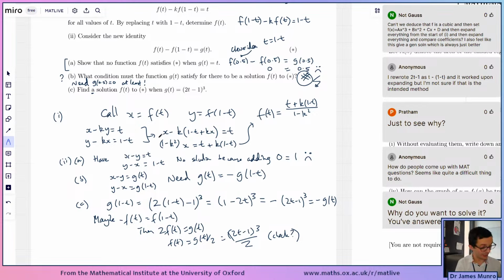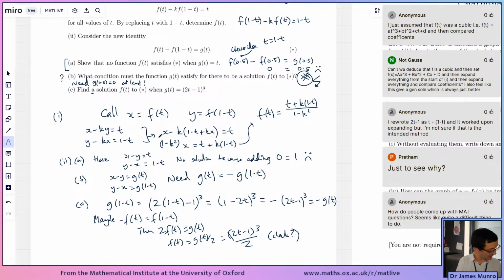I'm going to have a quick look at the marks to see how they feel about this. Oh, there are infinitely many solutions. Brilliant. And what did they say up there? Oh, okay, they didn't say anything about the converse. Right, cool. Okay, I'm worrying about nothing. Well, I'm worrying about something, but not something that's worth marks in this particular math question, so I should not worry you with it. What did I miss? Knockout saying, why do you want to solve it? You've answered the question. Yeah, sort of, I guess.